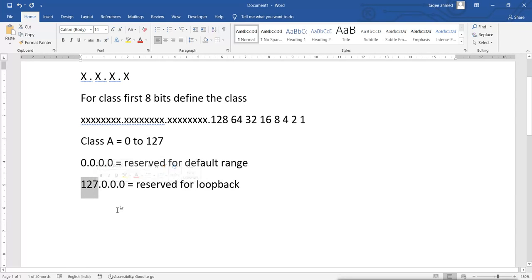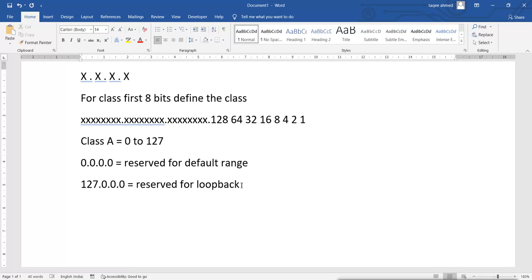That means if you send any data to IPs in this range, and in the host part you can have any number from 0 to 255, the data will get back to your own machine because it will loop back. These ranges are reserved, we can say, for testing.